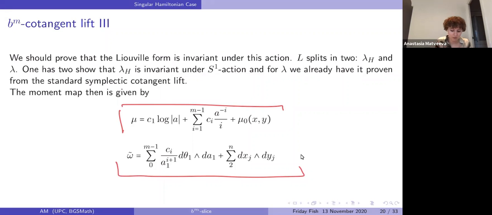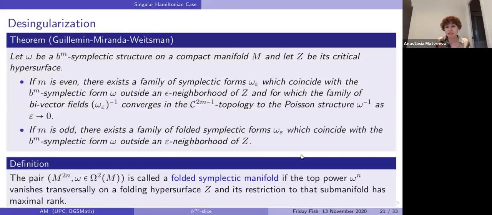Okay, so once this is done, the thing that we want to look at is desingularization. Because having a BM form, there is a theorem by Guillemin, Miranda and Weitsman that says that if you have a BM symplectic structure on a compact manifold, then depending on whether M is even or odd, you can find a family of forms that converge to omega, and in one case it will be a family of symplectic forms.